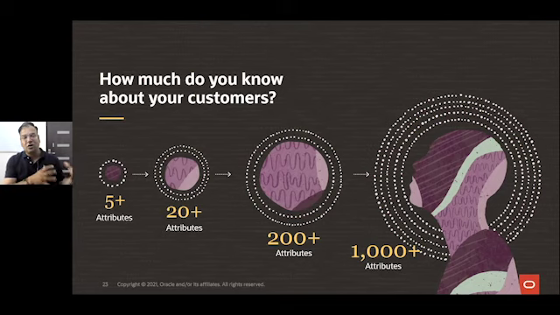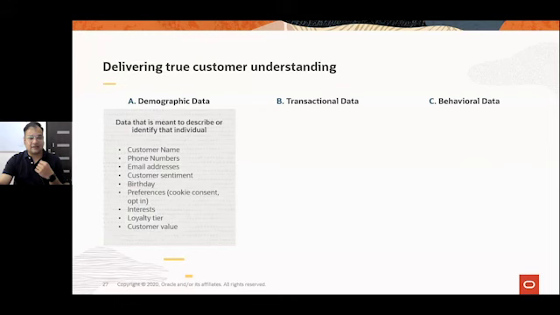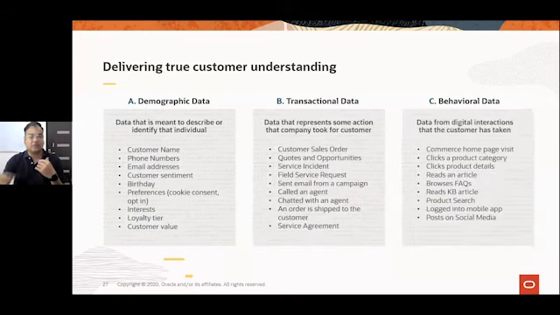Right from anonymous, from the prospect all the way to customers and advocates, we have to have the ability to capture all of these signals. These signals could be spread across demographic data, transactional data, behavioral data, CSAT, customer survey data, NPS data, and all of that has to come together.